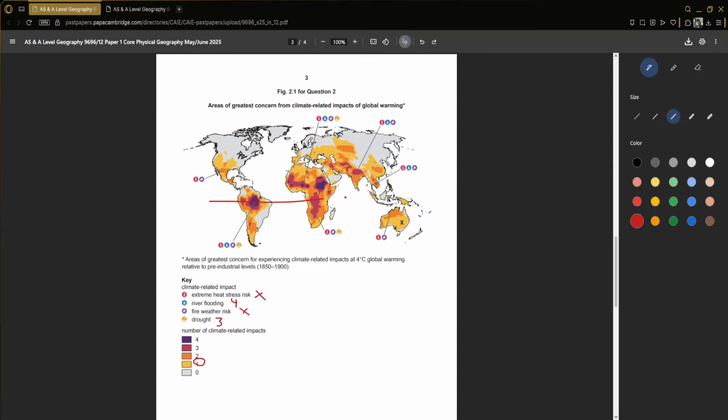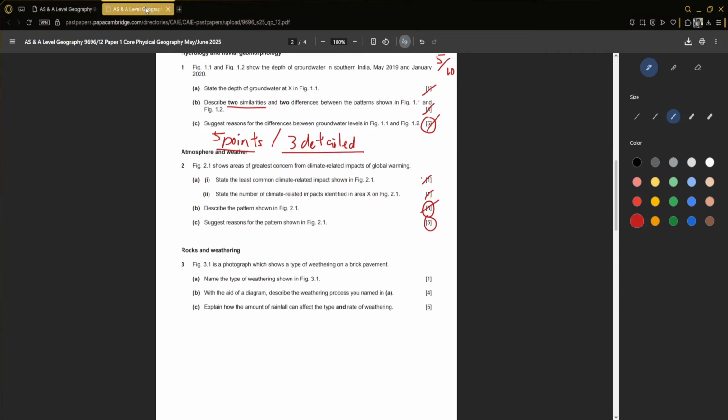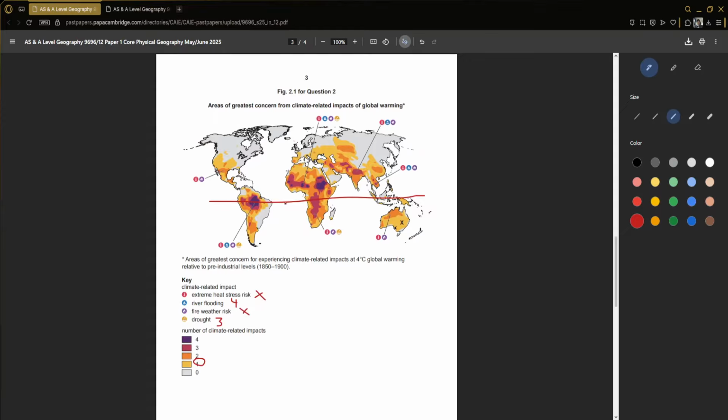The reason why, for example, around the equator is more climate-related impacts, more heat impacts, is because it receives the highest concentration of insolation or sunlight, and therefore it is at higher risk of heat-related issues. And also another reason why is because of the thickness of the atmosphere.